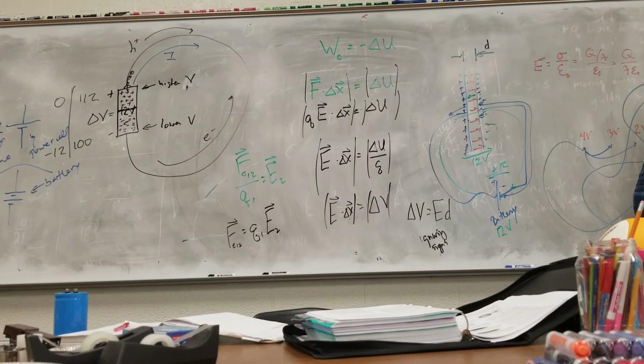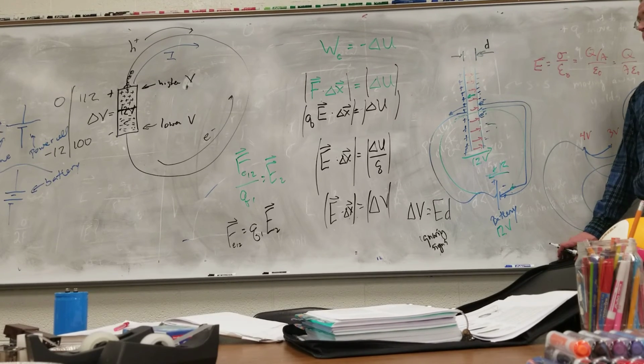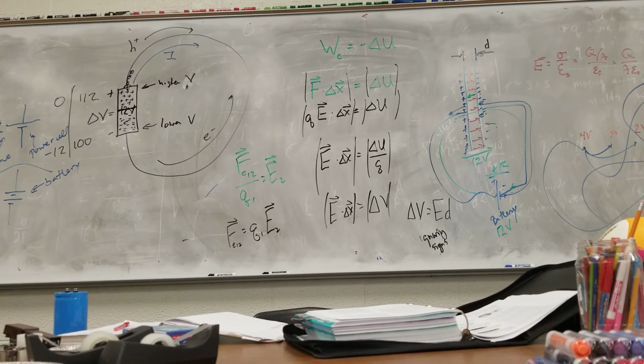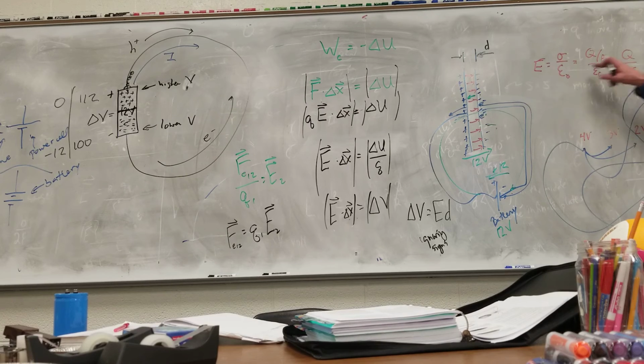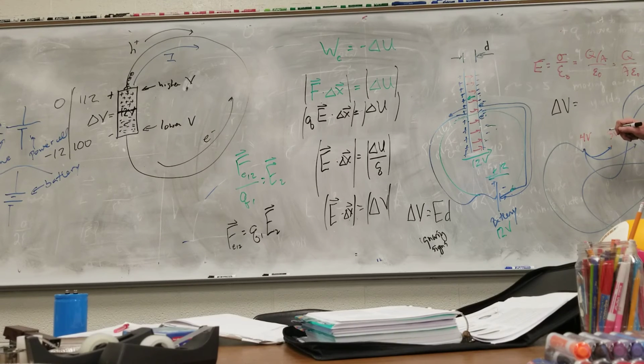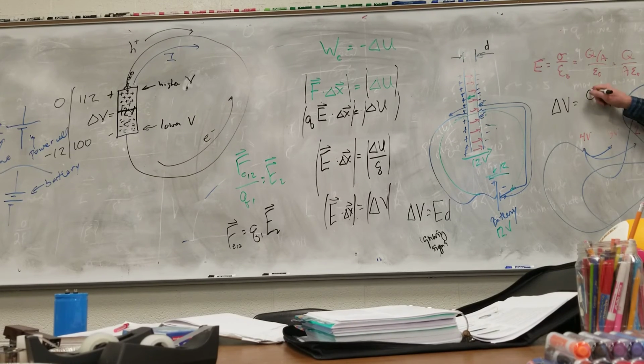I like to think of this equation as the ED equation, or VED. So if my electric field is Q divided by A over epsilon naught, then my voltage between them should be that times the distance: Q D over A epsilon sub naught.